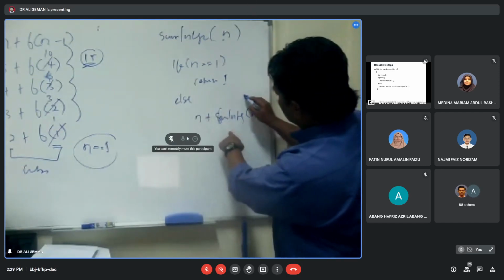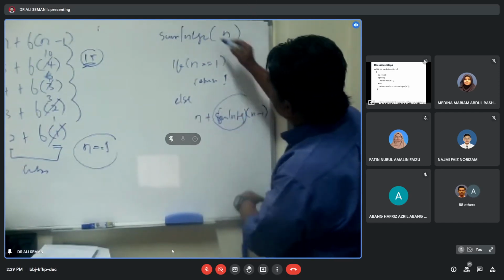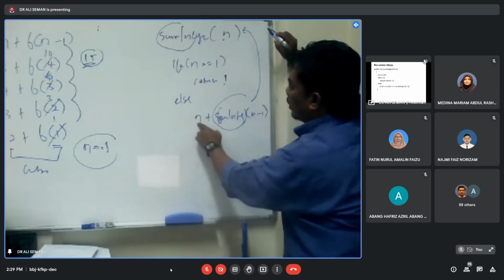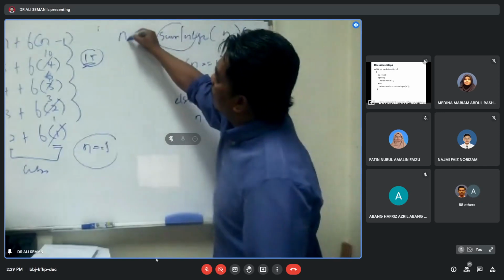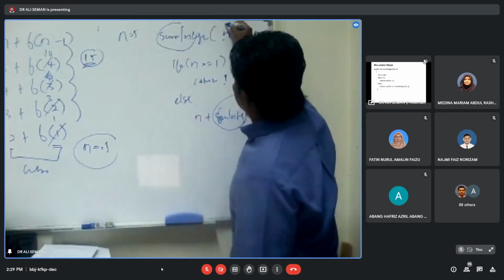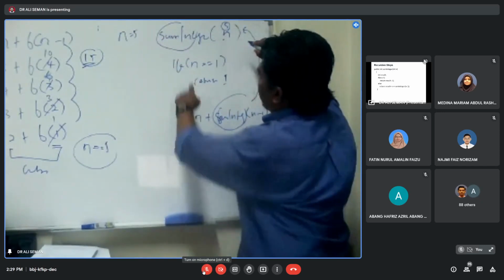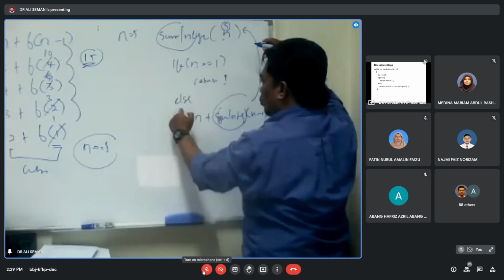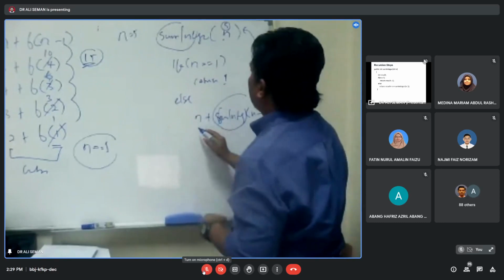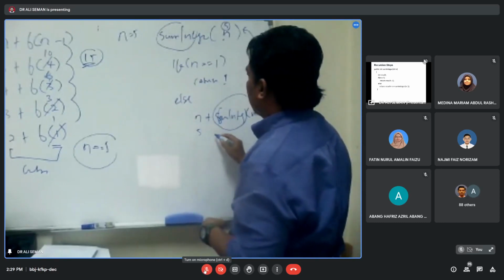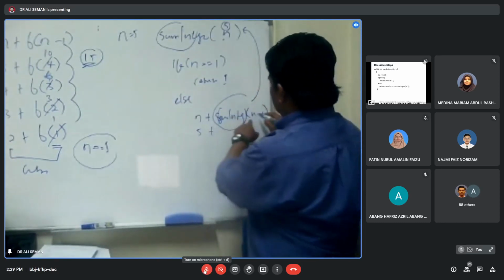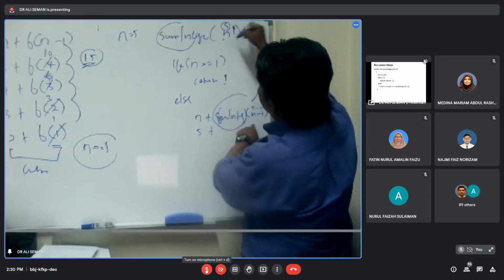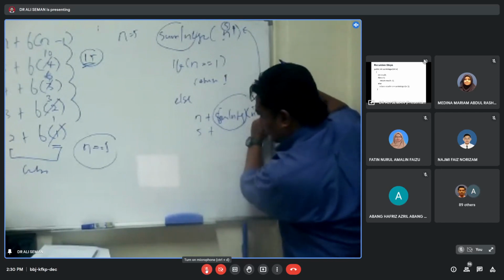So this is the same function, and we call it back here. Let's say we have n equal to 5, this becomes 5, right? And n is not equal to 1, so false, it goes to else. Now we have 5 plus sum integer of 5 minus 1, we pass 4 here, and hold the result first.